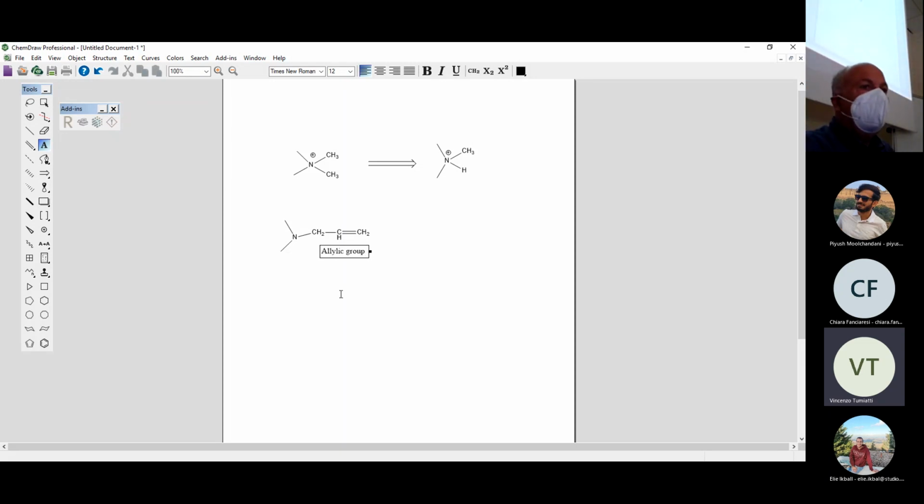This allylic group is able to increase the antagonistic properties of the molecule by maintaining the same backbone, the same structure of morphine.